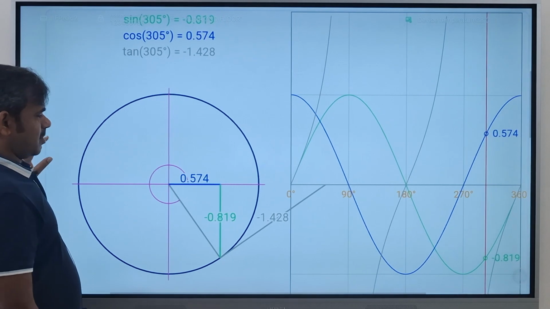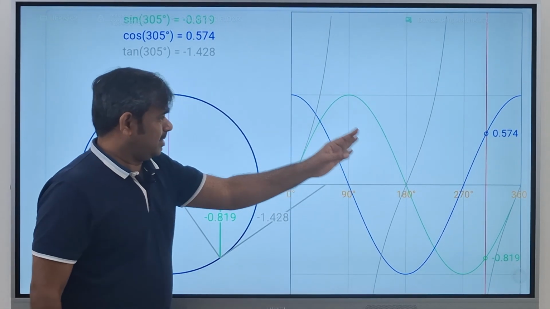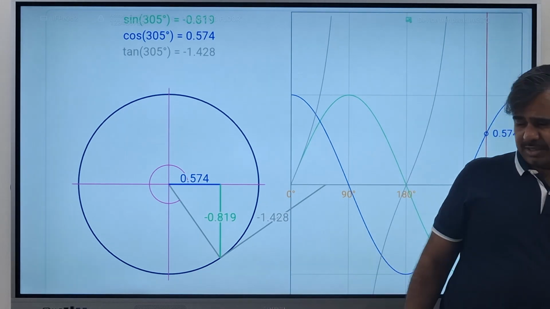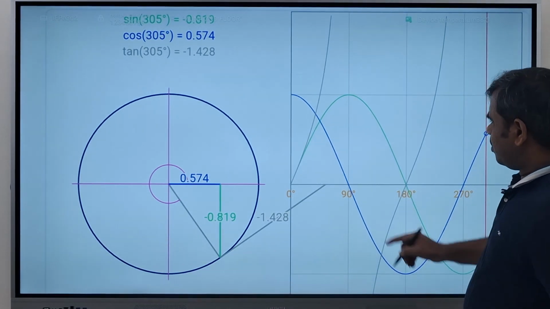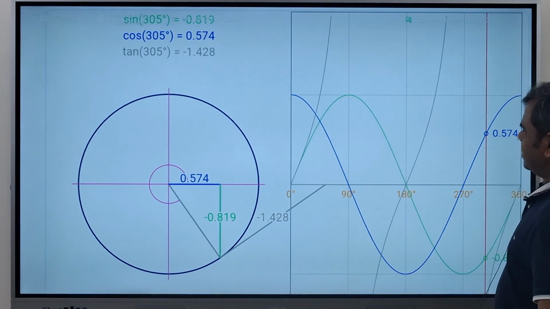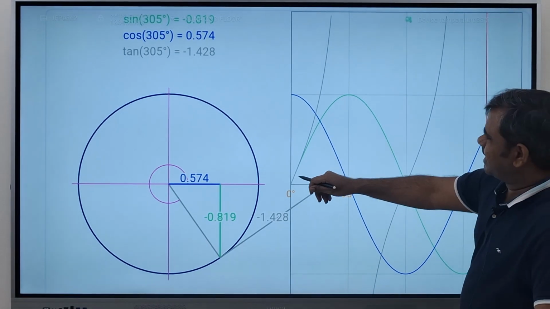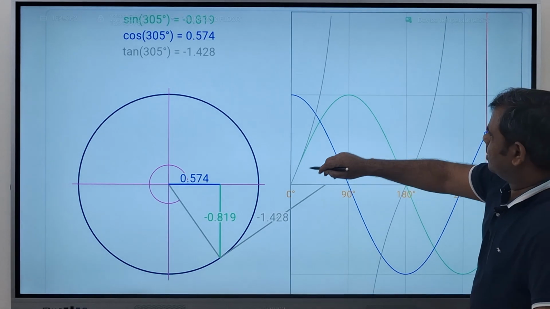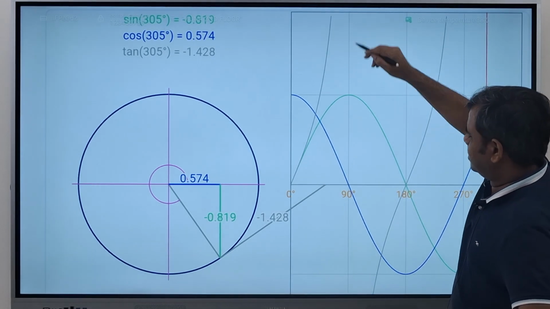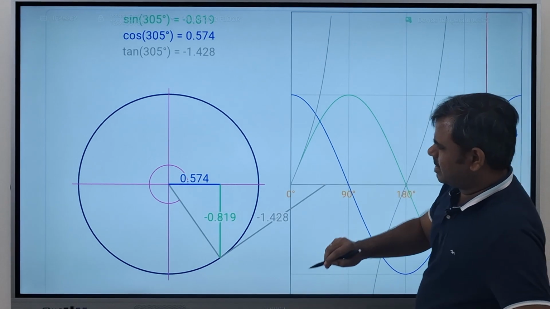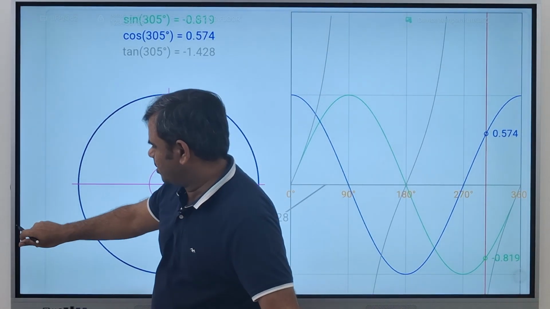This is the graph drawn between theta, sin theta, cos theta and tan theta. Blue line is the cos theta graph, green line is the sin theta graph, and the grey color lines, I don't know if you can see or not, are the tan theta graphs. Tan theta increases from 0 to infinity.